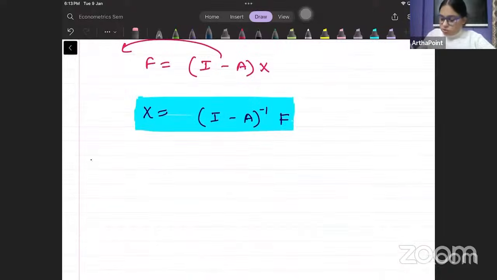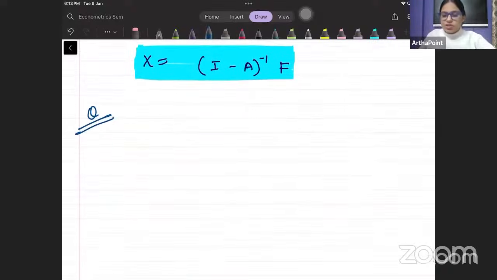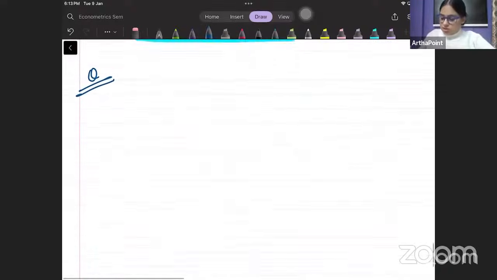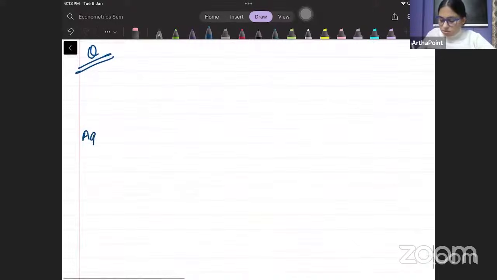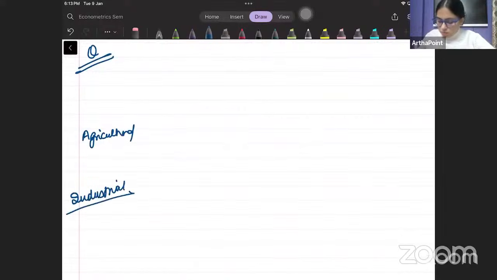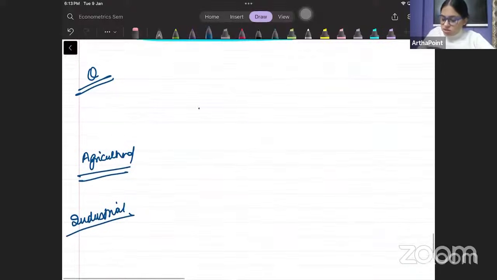Let's do a numerical on this. You're given 2 industries, agriculture and industry. So agricultural sector and industrial sector. And it says that the input used by agricultural sector in agricultural sector is 50.